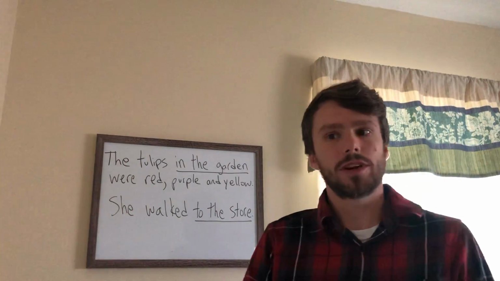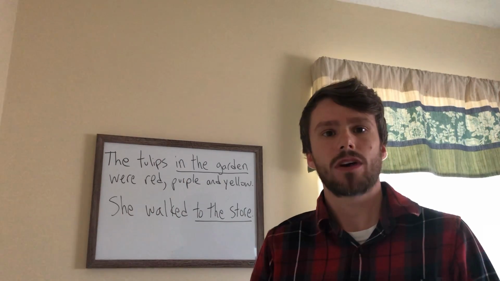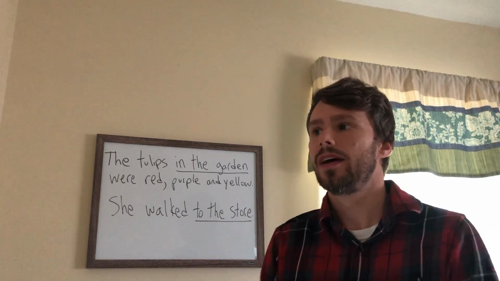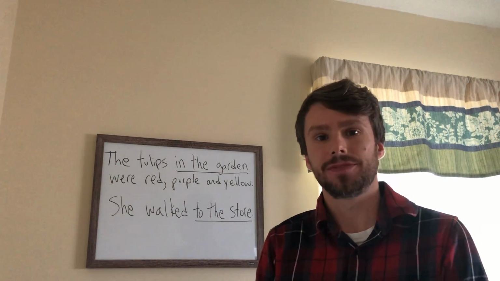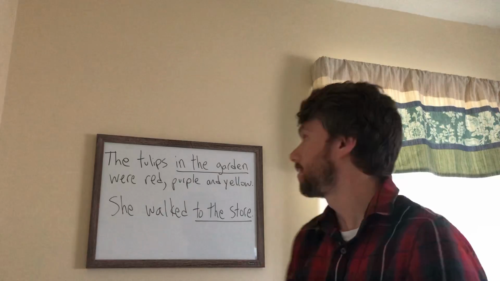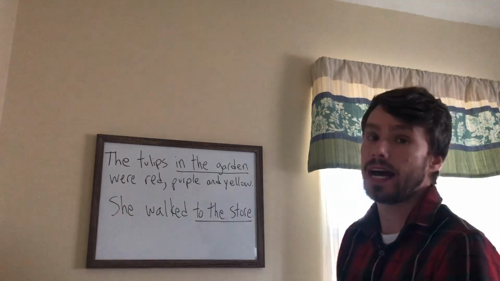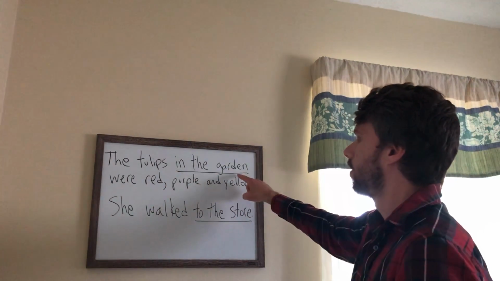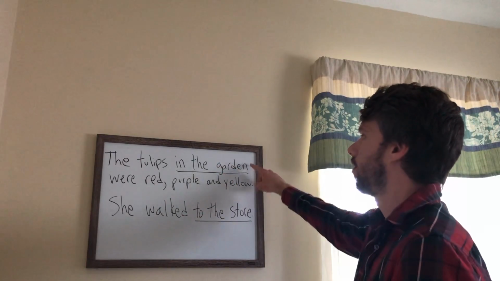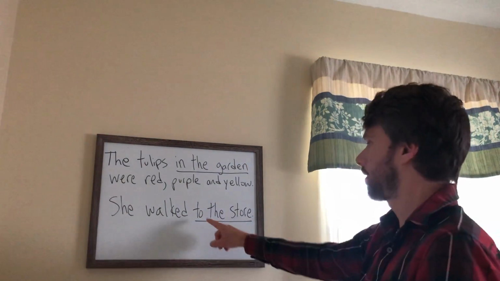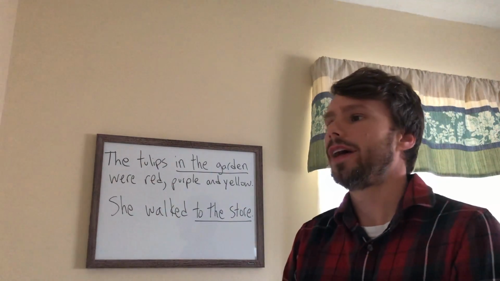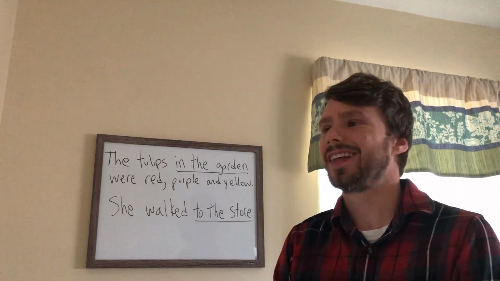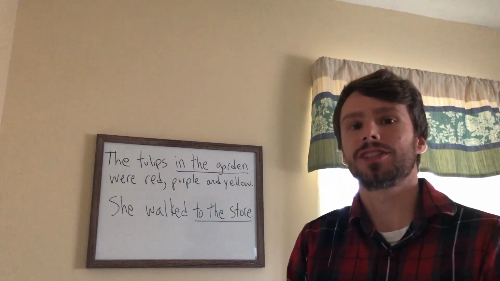There's another sheet on there about prepositional phrases and their objects. So let's touch on that real quick. In most prepositional phrases, a noun acts as the object of the preposition. Okay, so the object of the preposition in each one of these is going to be a noun. So, for instance, in the garden, the object of the preposition is going to be garden. The object of the preposition in to the store is going to be store. An object that completes the meaning of a preposition is called the object of a preposition.